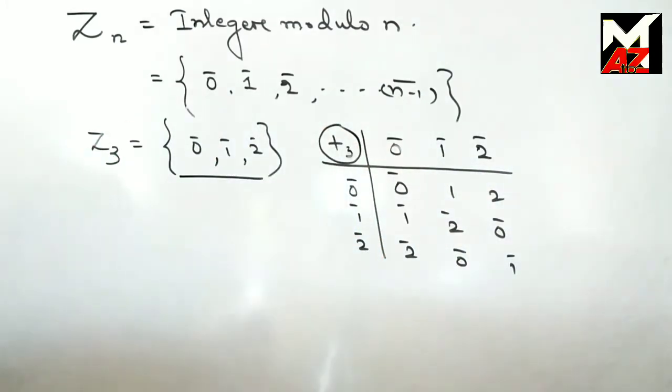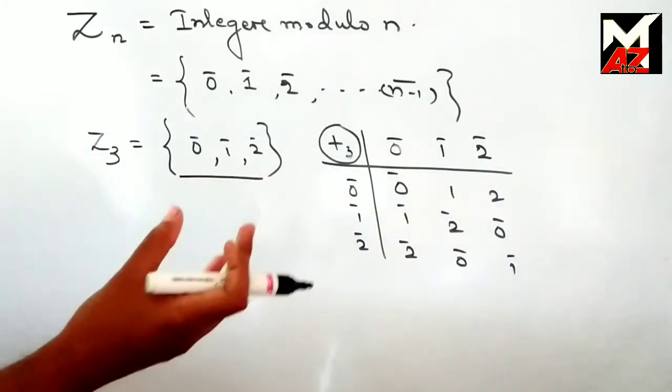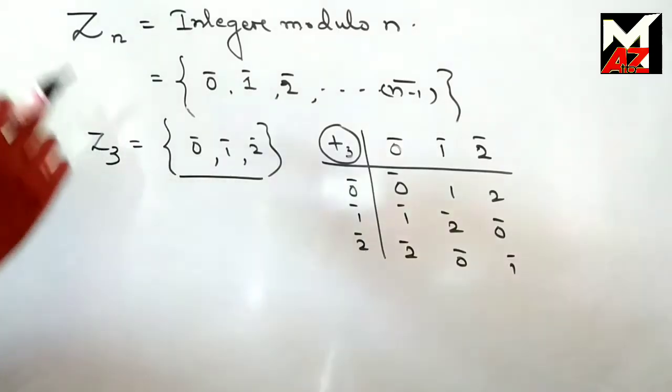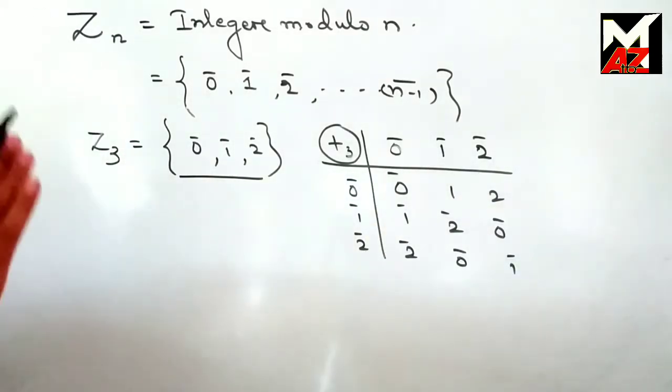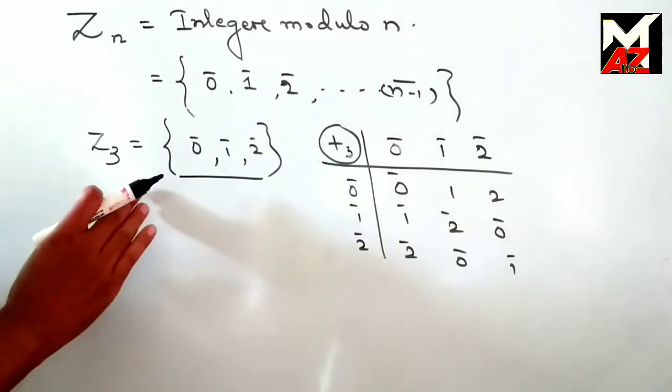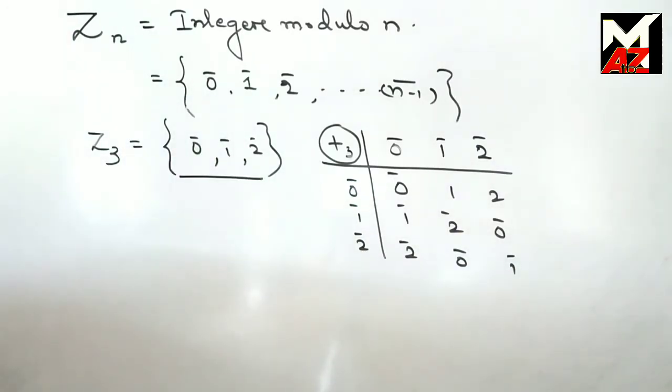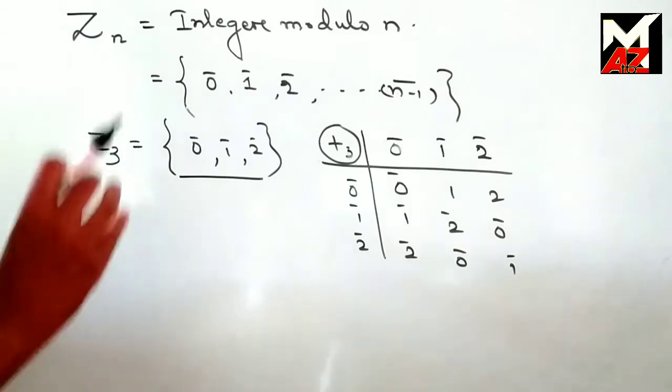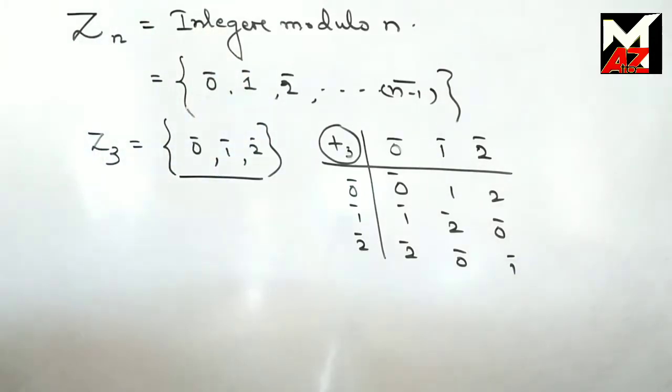And obviously we know already that the set of integers modulo n is associative. So this is the associative property in the set.